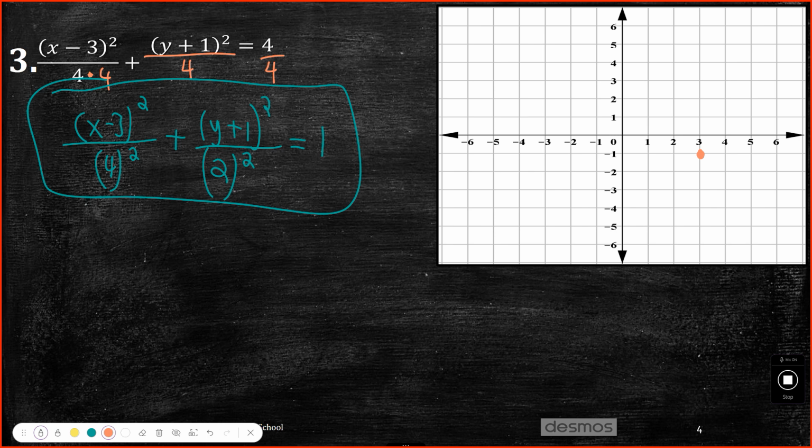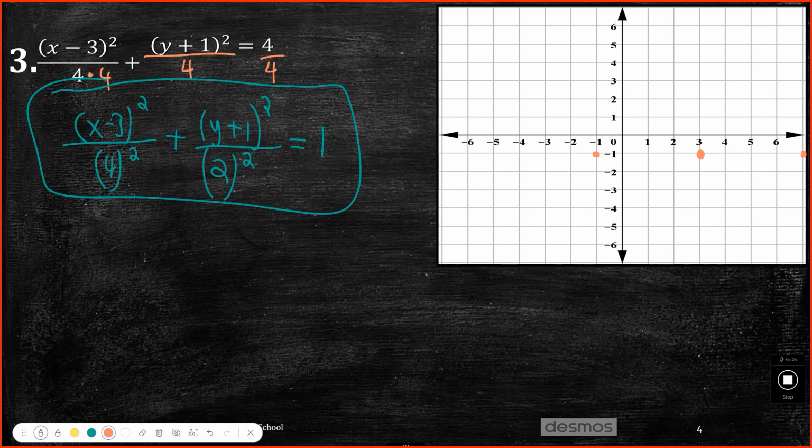If you go watch YouTube videos, nobody would be saying what I say. It's just the way I remember it. The length along the x is 4, meaning I'm going to go left 4 and right 4 from the center point: left 1, 2, 3, 4, and then 1, 2, 3, 4 to the right.